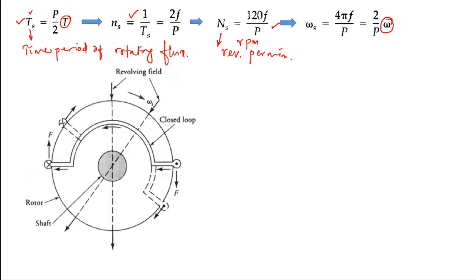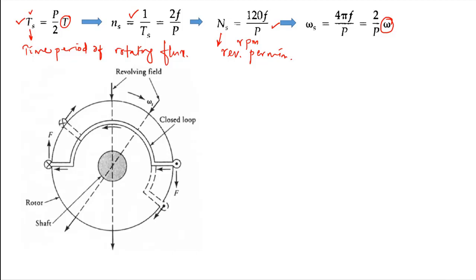Okay. Now up to this we have seen how the rotating flux will be produced in a coil which is placed in the magnetic field, right? And when this flux is rotating and it is linking the coil, what will happen?